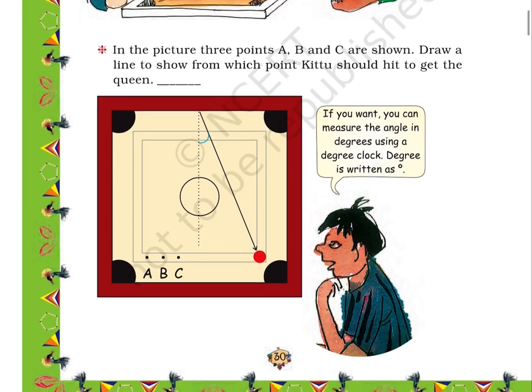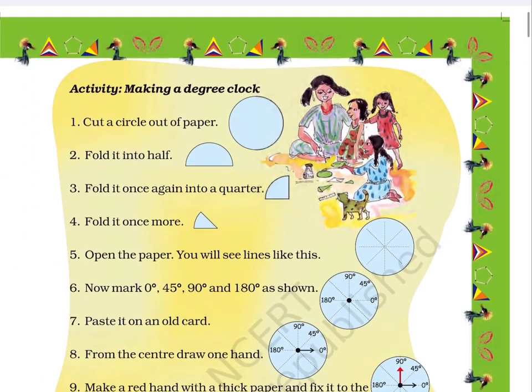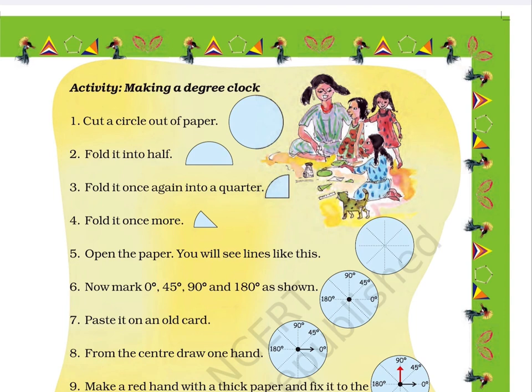Page 31. Activity: making a degree clock. 1. Cut a circle out of paper. 2. Fold it into half. 3. Fold it once again into a quarter. 4. Fold it once more. 5.